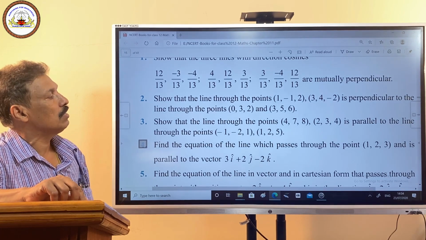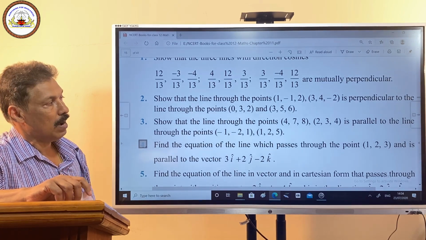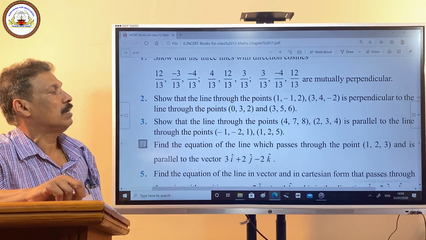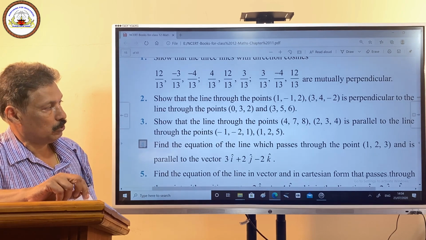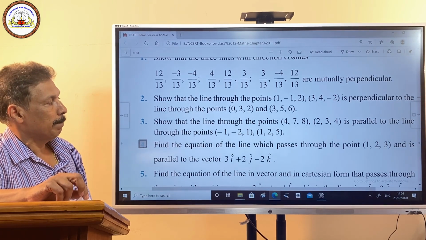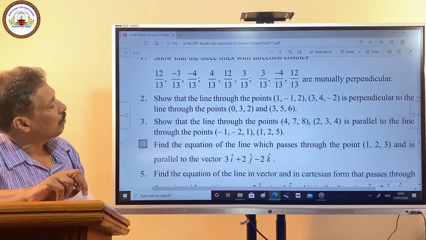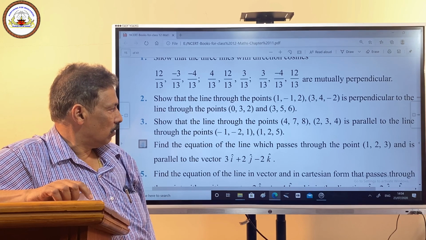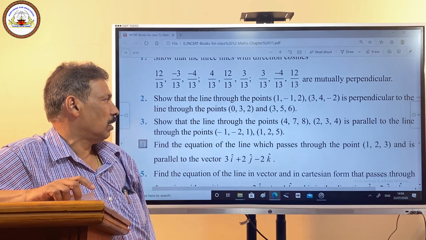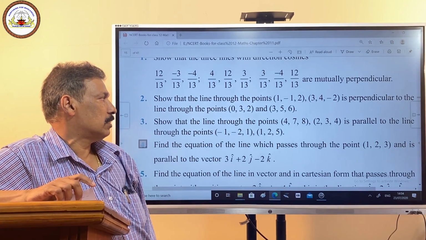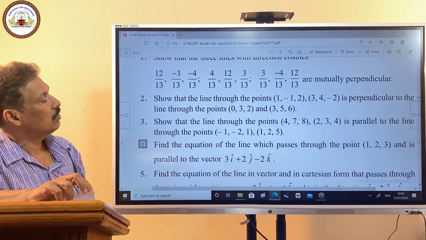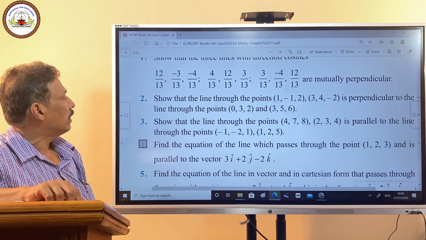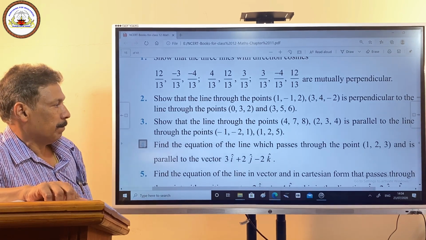Using the first two points, we can find AB bar, that is 3 minus 1, 2i, 4 minus -1, that is 5j, and -2 minus 2, that is -4k. For the last two points, we find the vector joining them: 3 minus 0, that is 3i, 5 minus 3, that is 2j, then 6 minus 4, that is 2k. We can show that the dot product equals 0. That means the given lines are perpendicular.